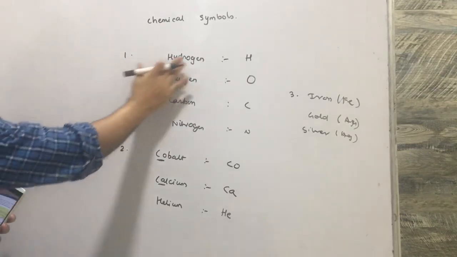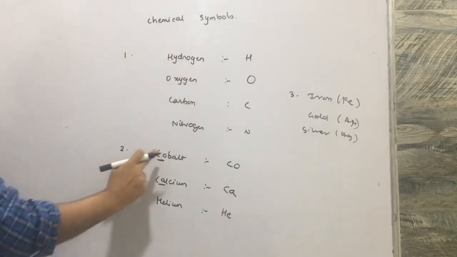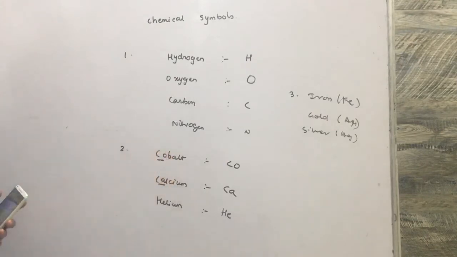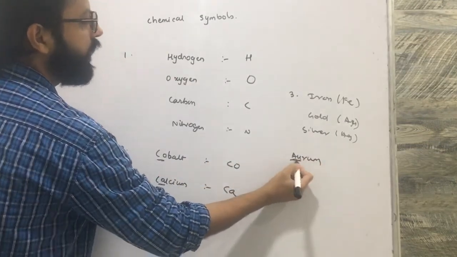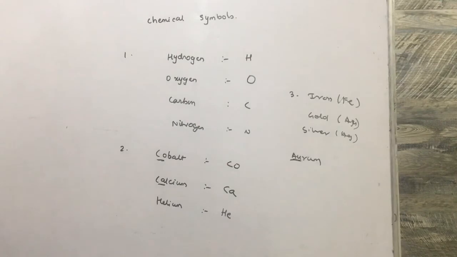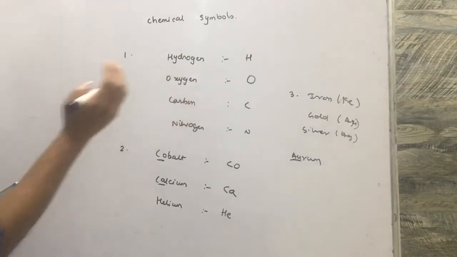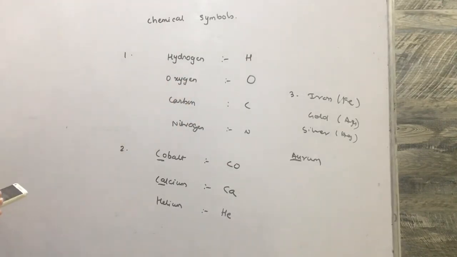So the first rule uses the first letter, the second rule uses the first two letters, and the third uses the Latin name. Gold has the Latin name aurum, so they have given it AU. Similarly, many symbols have been given from Latin words.